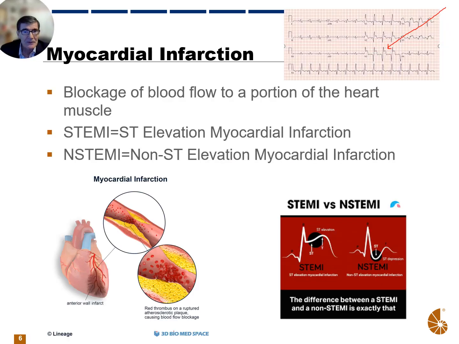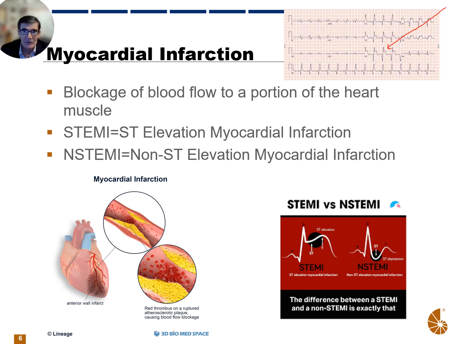A myocardial infarction is when the blockage of blood flow to a portion of the heart muscle occurs, and there's actually death to that heart muscle, and it has a particular signature on the EKG if that is done in a time period related to when the MI is occurring.